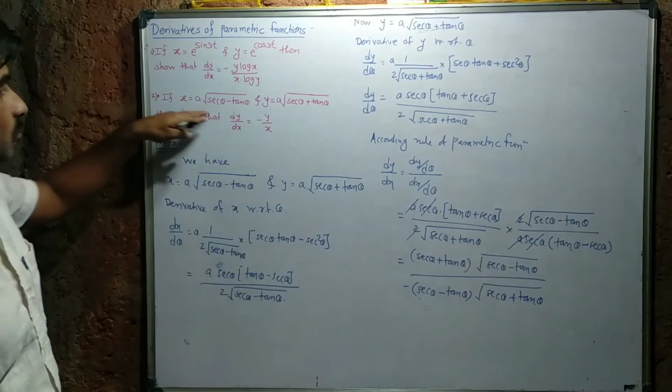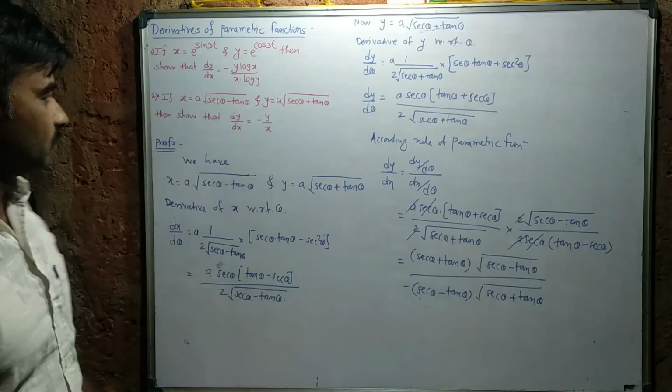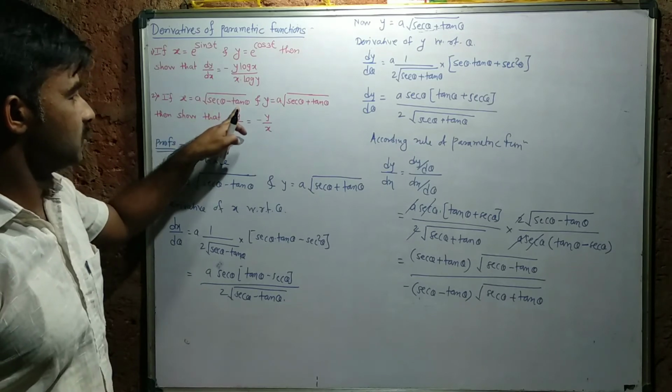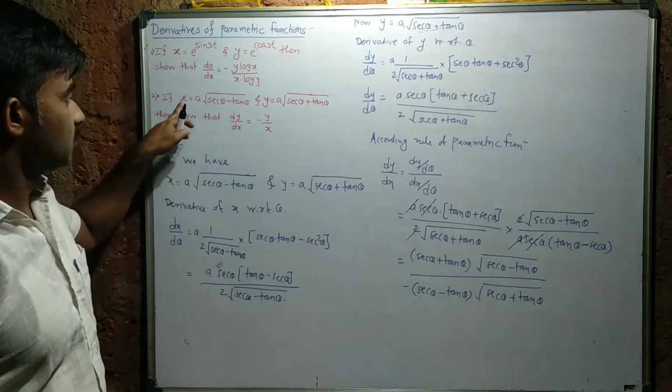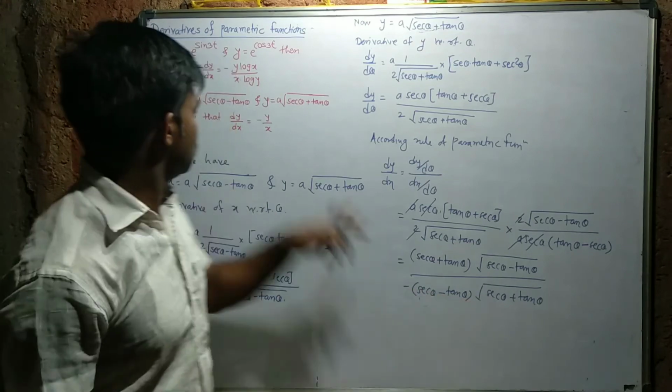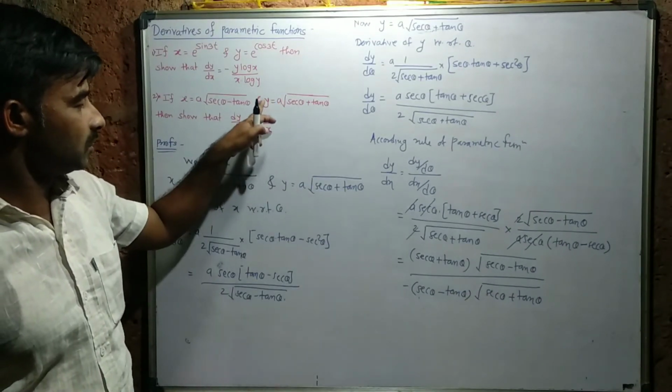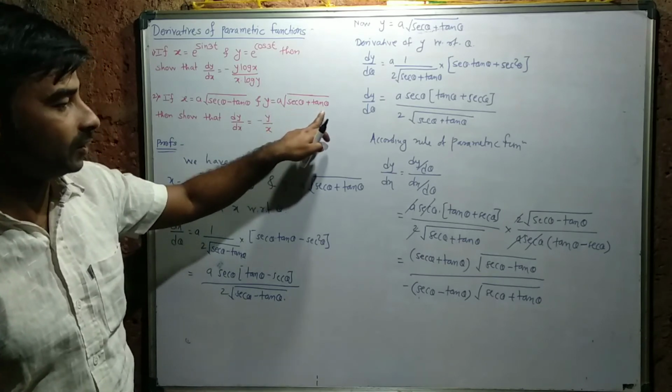Once again, think about this: here x is the square root of sec theta minus tan theta. Transferring a, x divided by a is the square root of sec theta minus tan theta, and y divided by a is equal to sec theta into tan theta.